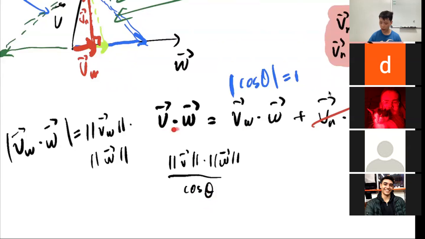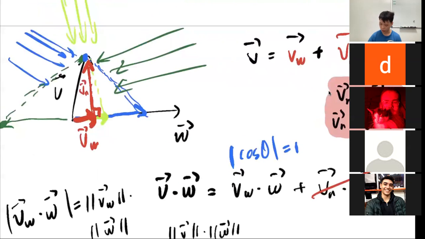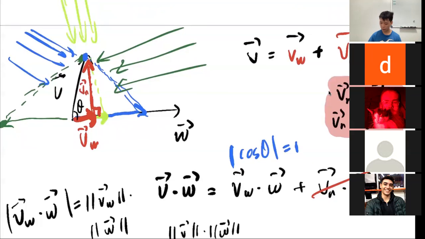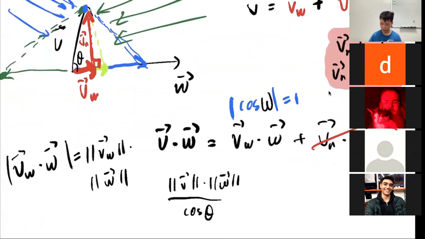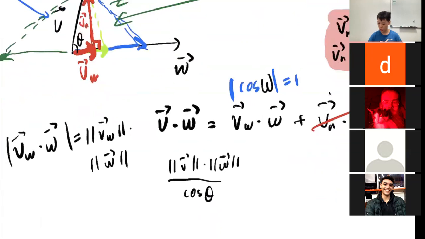This theta is the angle between the vector v and vector w, so it is here, theta. This is the angle between v_w and w. Let's call it omega, to avoid some confusion.